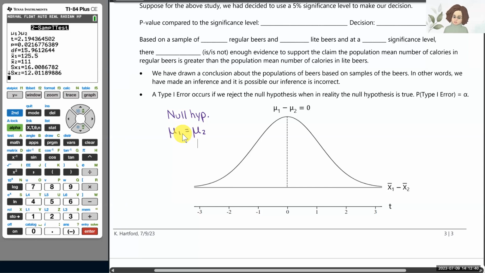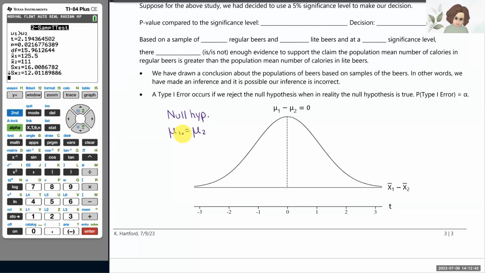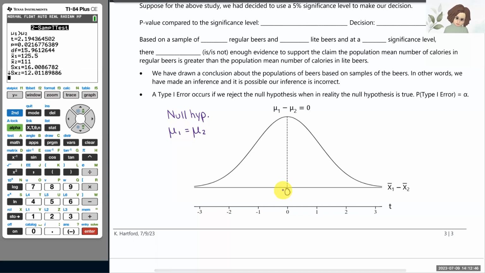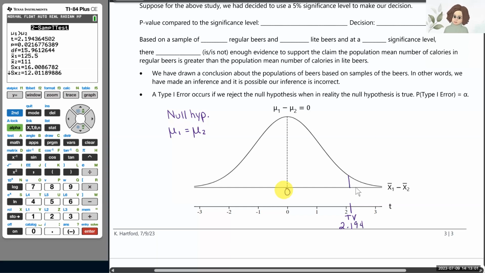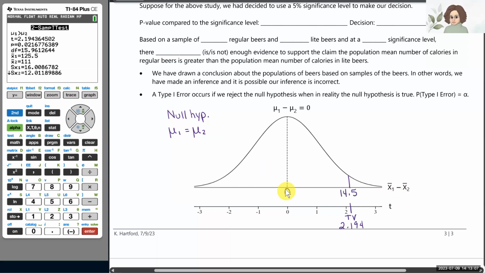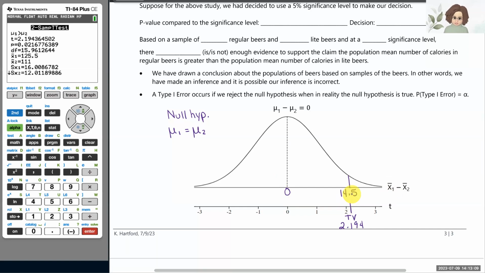But what did we get for our data? I'm going to put the 0 in the center there. For our data, t came out to be over here. That test value, what was it on the calculator? 2.194. What that told me is that my difference, 14.5 calories, is getting pretty far away from 0 to the right.